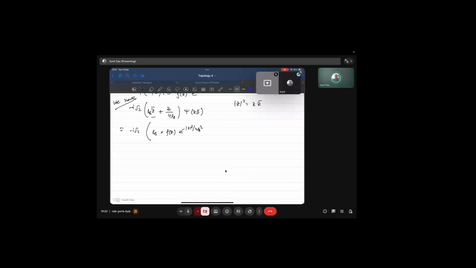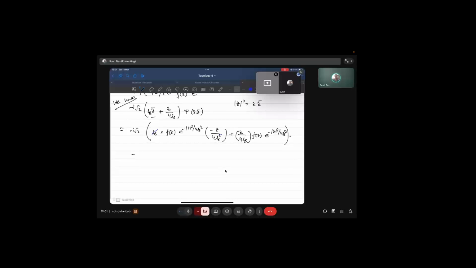If you take this, then we'll find z by 4 l_B square, where one l_B goes out, plus z by 4 l_B, times f of z and e to the power minus z bar z by 4 l_B square.